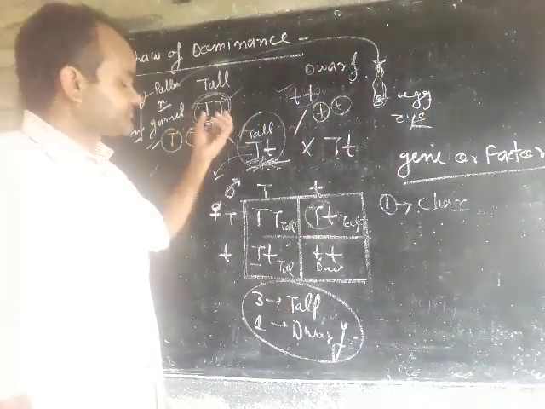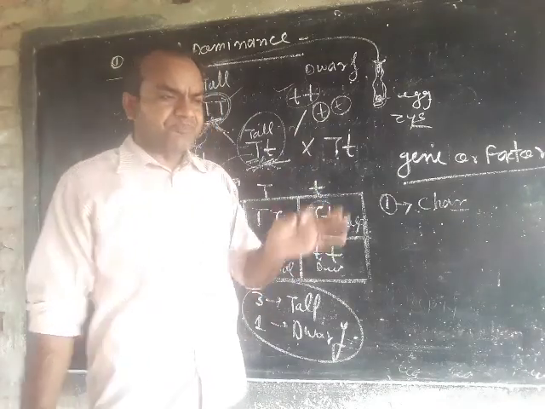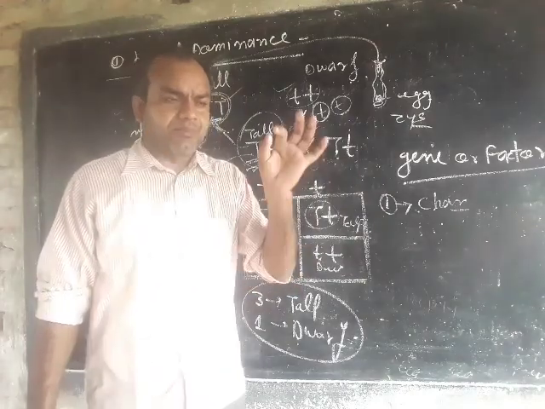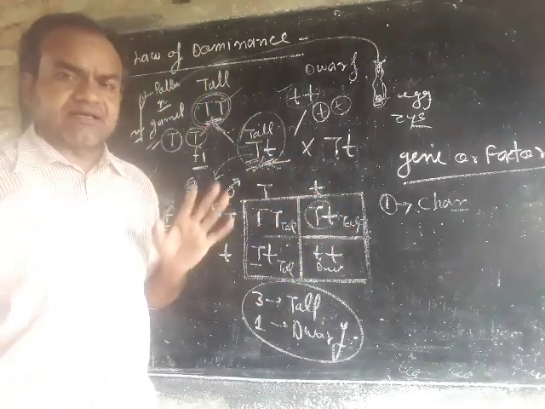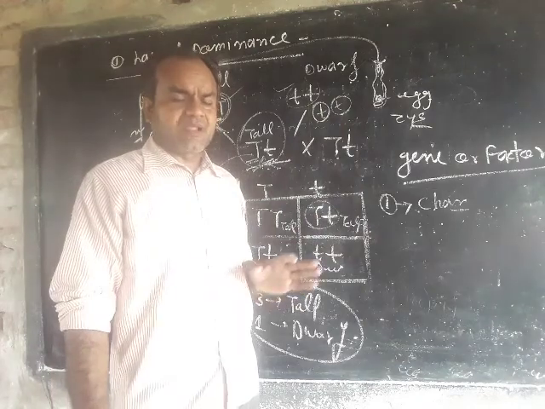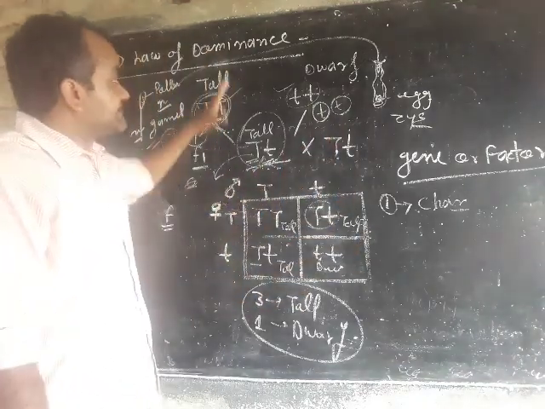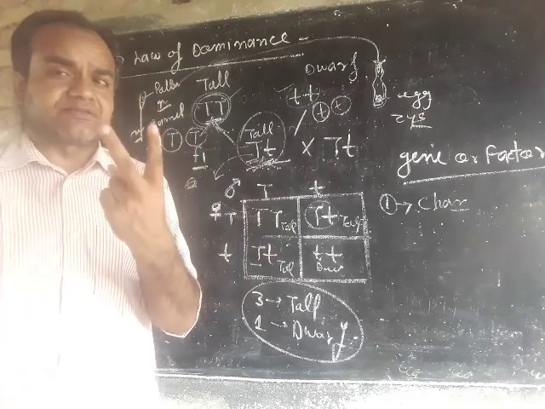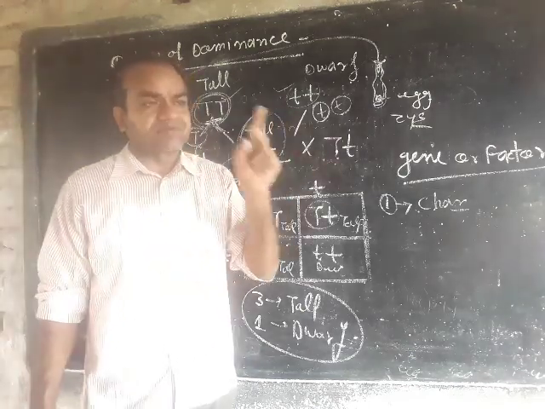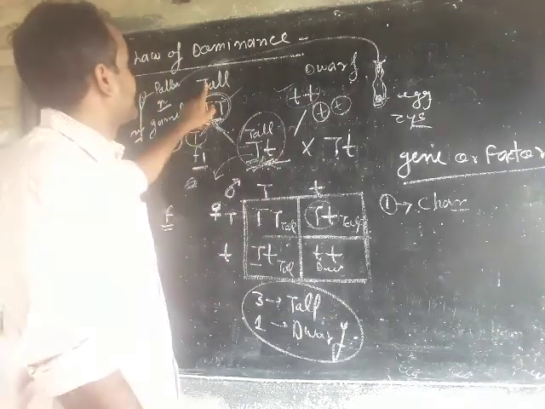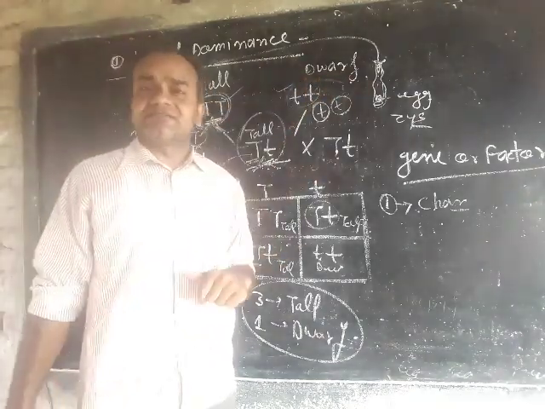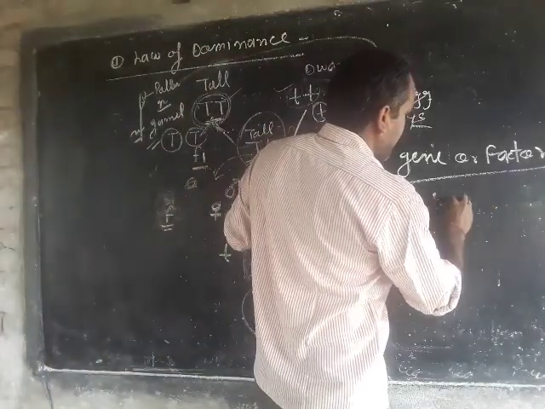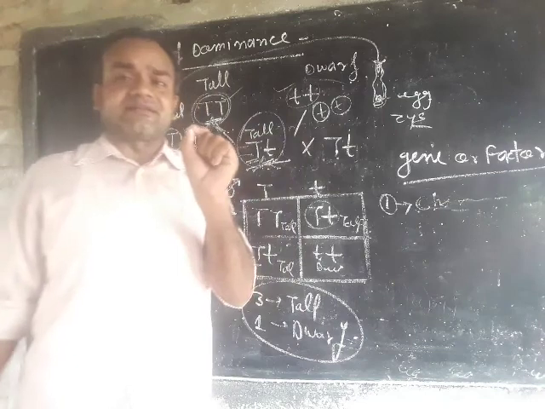Characters means length of the plant, position of flower, color of flower, pod shape, pod color, seed shape, seed color. Each character has two traits; for example, length of the plant has two traits: first tall and second dwarf. So these characters are controlled by the factors.